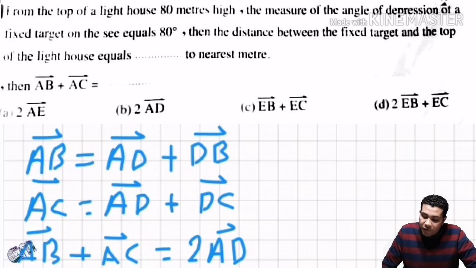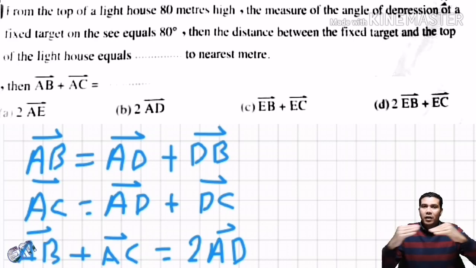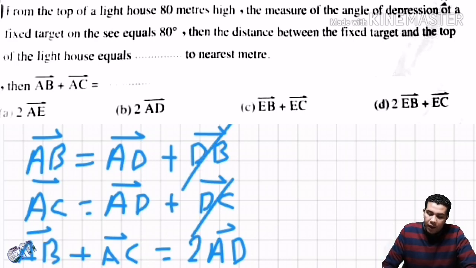and DB vector and DC vector are equal in magnitude and in opposite direction, then cancel them together. If we have two vectors equal in magnitude and in opposite direction, their resultant equals 0.